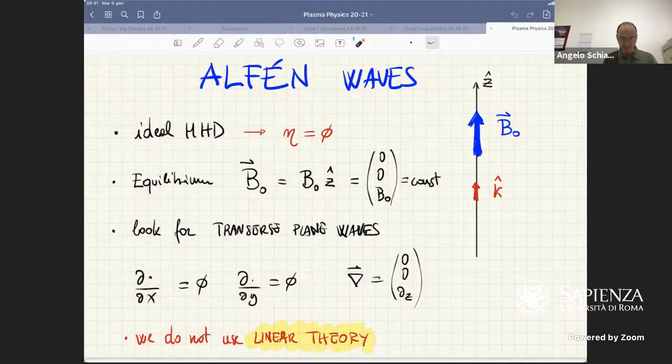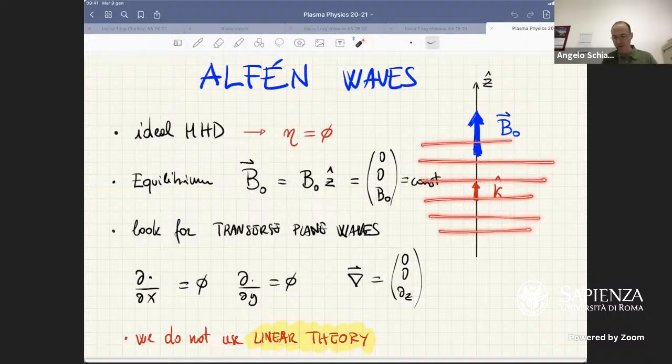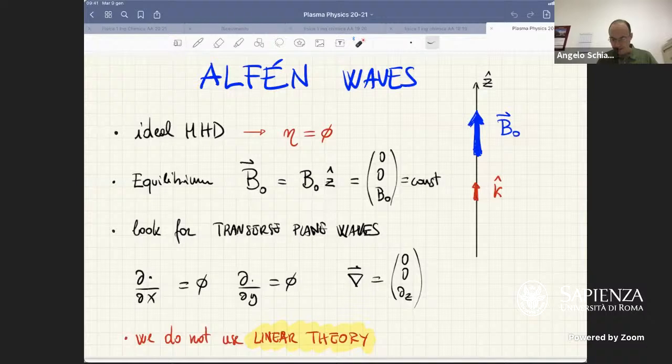And using the expansion in plane waves, it means that we will have planes of equal phase, equal values of the quantities, progressing in the direction of the wave. And for this reason, the quantities are not dependent on the transverse coordinates, X and Y, if we decide to put our frame of reference with B, the magnetic field, along the Z axis.